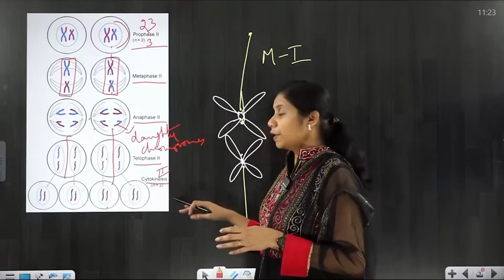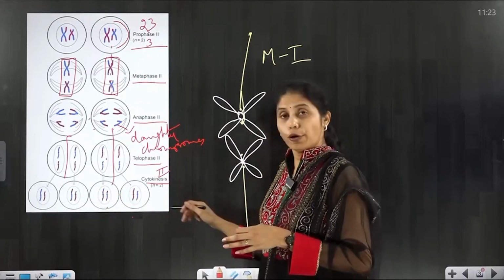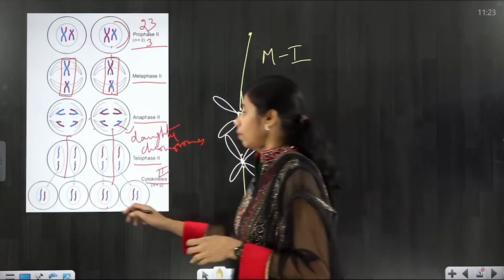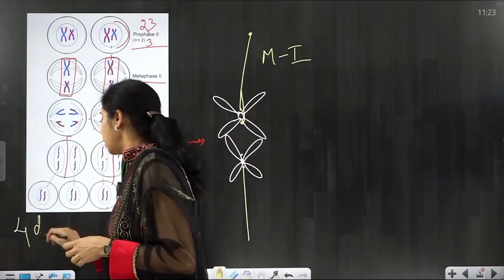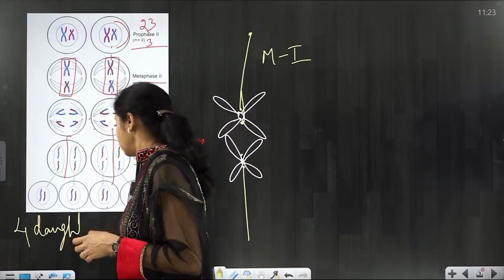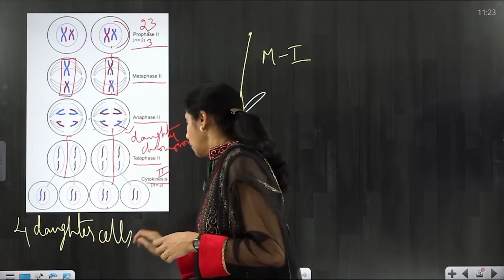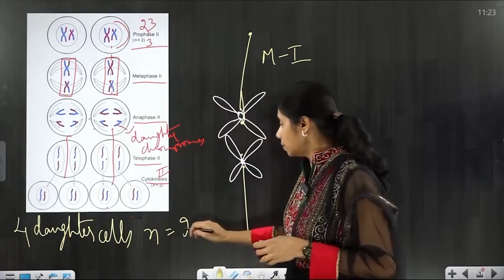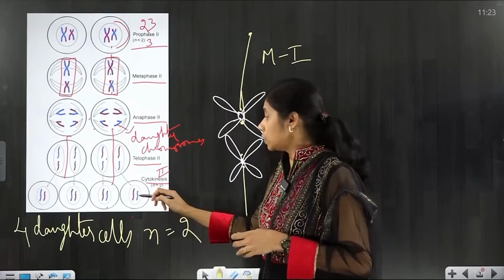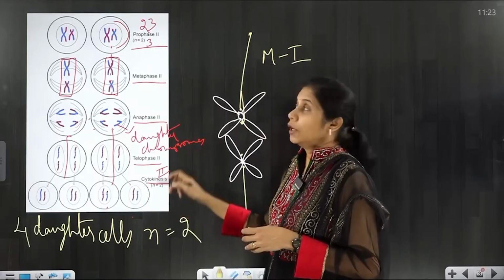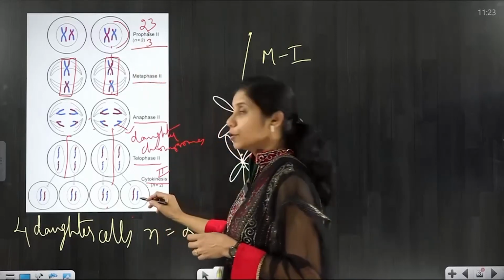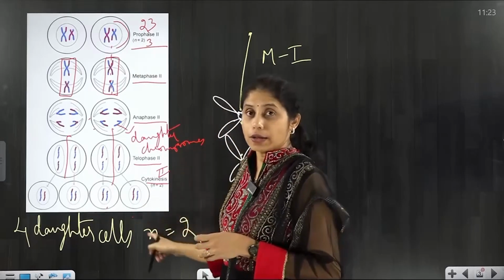By the end of meiosis 2, we get 4 daughter cells which are all haploid. Each of them is n. We started with n equal to 2 chromosomes, and if you see clearly, each daughter cell also has 2 chromosomes. The only difference is that here the chromosome has 2 chromatids, and here the chromosome has only 1 chromatid each.